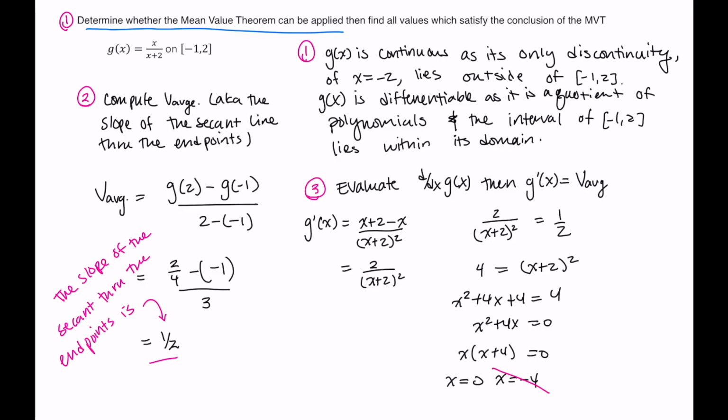Indeed, if you evaluate this to verify your conclusion, g prime of 0 is equal to 2 over 0 plus 2 squared, which is 2 over 4. That is indeed 1/2. So the slope of the line tangent to g of x at x equals 0 enjoys the same slope as the secant line through the endpoints of this interval.